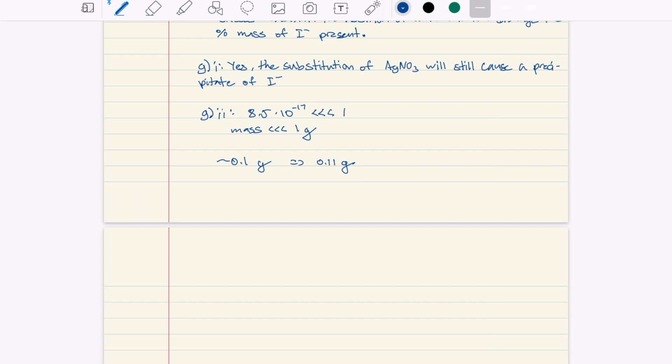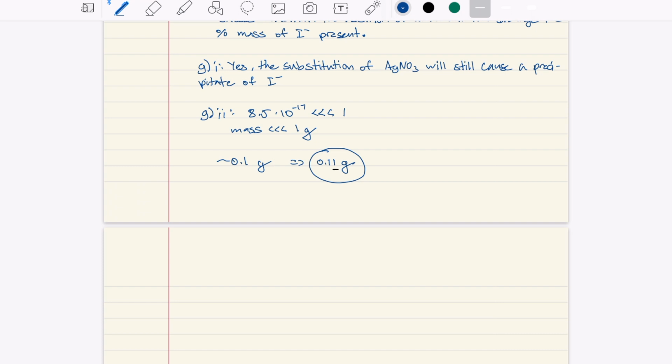But because the balance only measures to the hundredths place and the mass is much less than 1 gram, ultimately we only have 2 significant figures from this value. We don't have 3 significant figures.